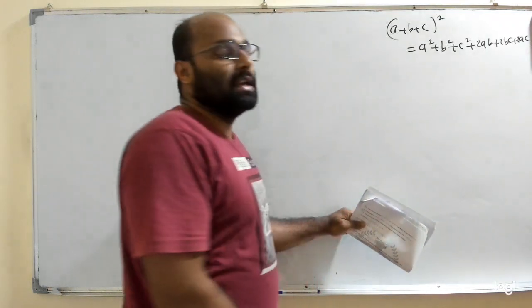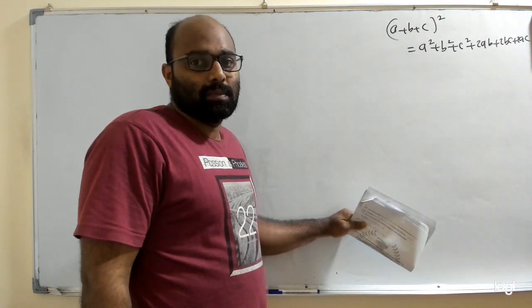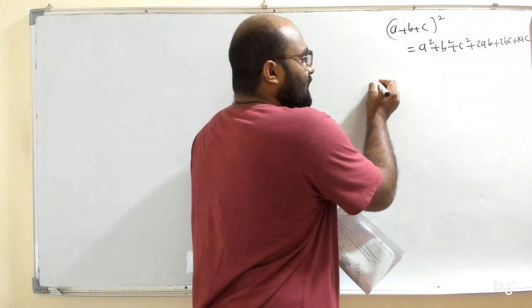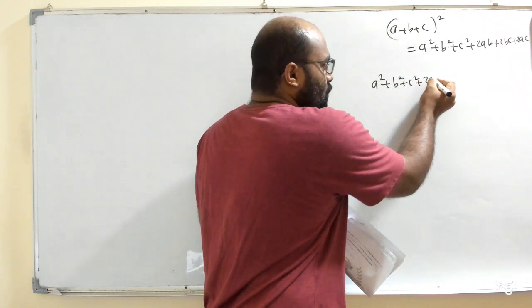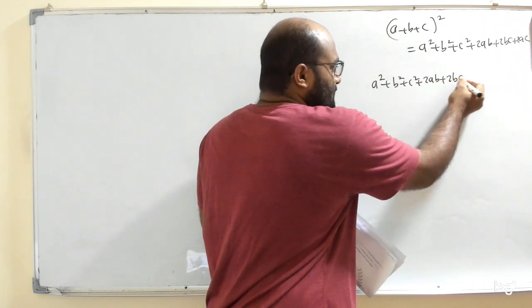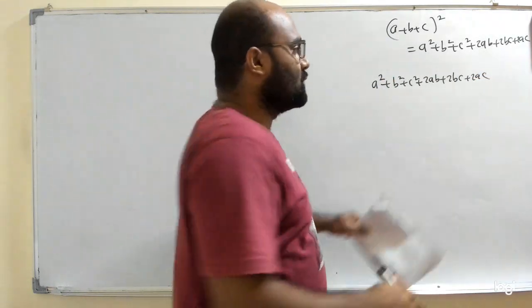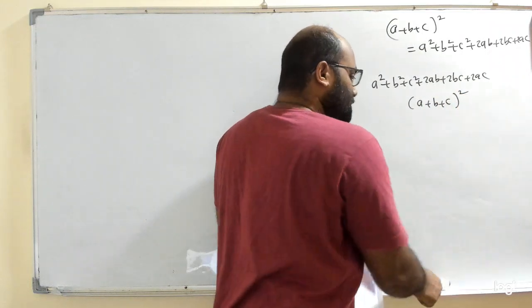Like that, one identity you learned. In this identity, I want to tell something. Reverse process we want to do. Suppose it is given a square plus b square plus c square plus 2ab plus 2bc plus 2ac, how can we write in reverse? Of course, you know the reverse is a plus b plus c whole square.